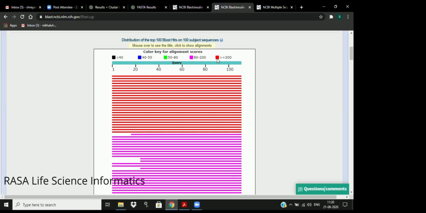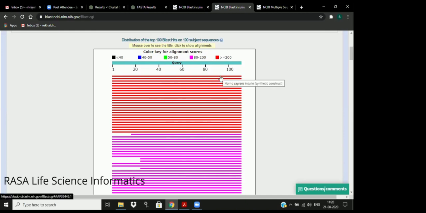If I receive more black or blue, it means that the alignment is of bad quality, because the score would be less than 40 or between 40 and 50, which is bad compared to the higher score of 200 and more. Now let us see the result. The result is these lines just below, the red, the pink. Each line here represents one protein sequence.